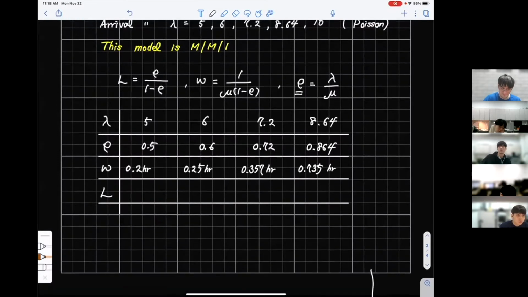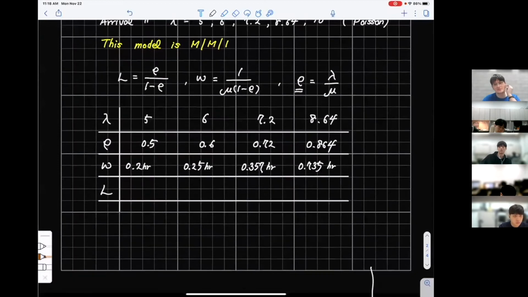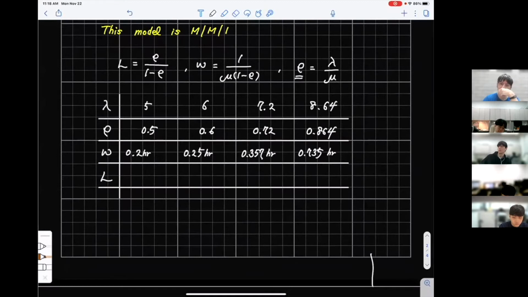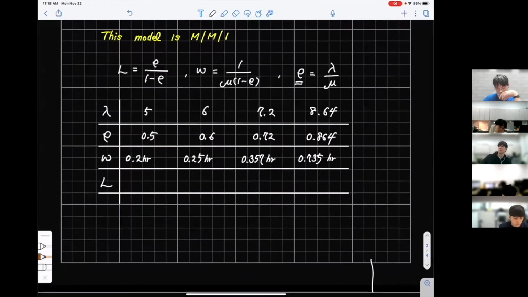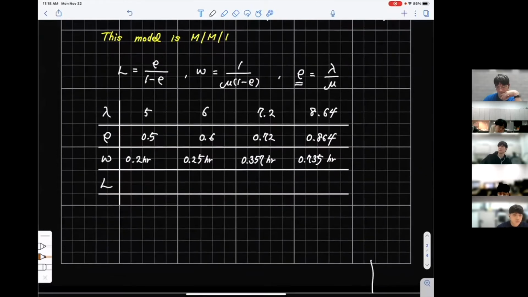In this problem, I will use the hour unit. And the Q length L becomes 1 to 1.5 to 6.35.